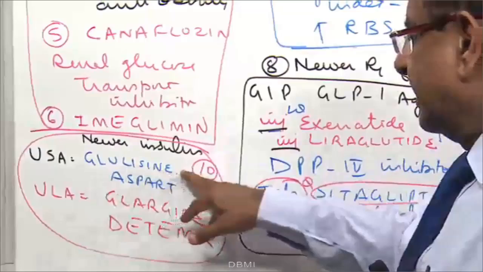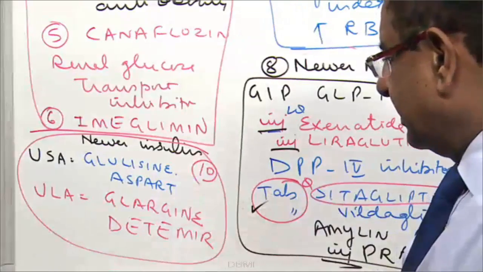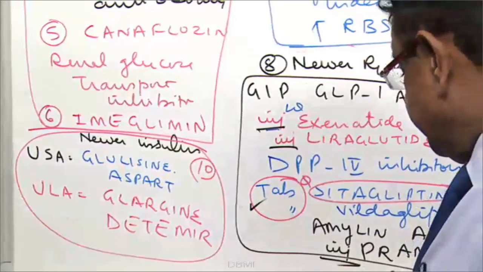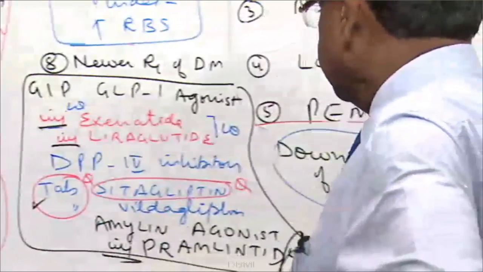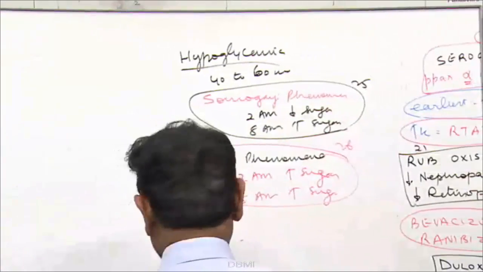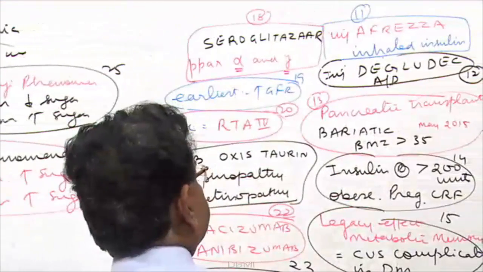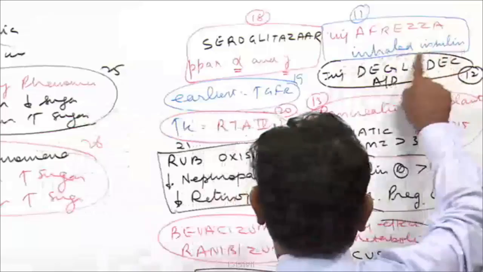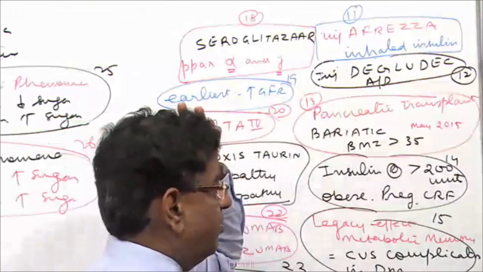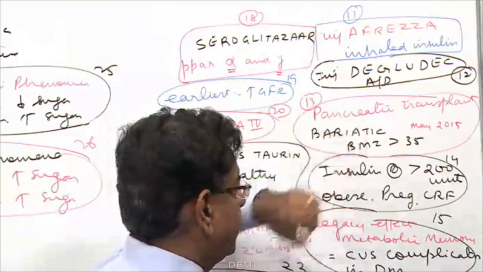Ultra short acting are glulisine and aspart. Ultra long acting are glargine and detemir. Now we talk about box number 11. So we got injection apheresis, inhaled insulin, injection degludec, very long acting insulin you can give on alternate days.